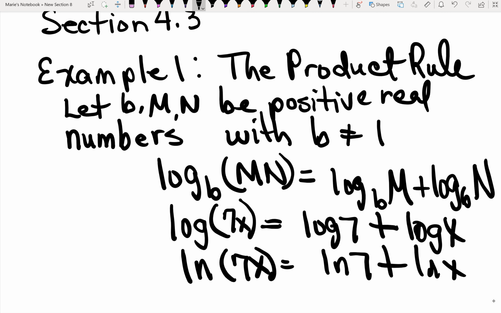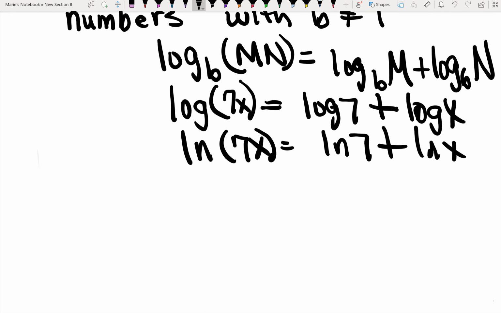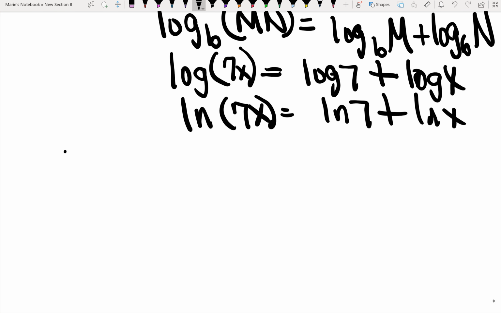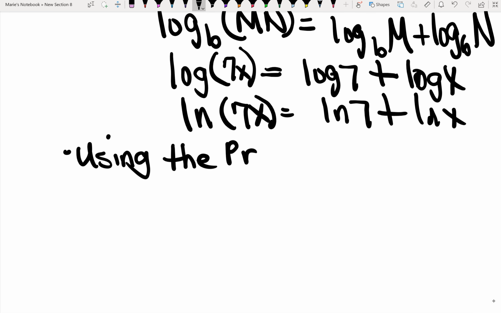All right, and so in example 1, this is what your question will look like. It would say use the product rule to expand.